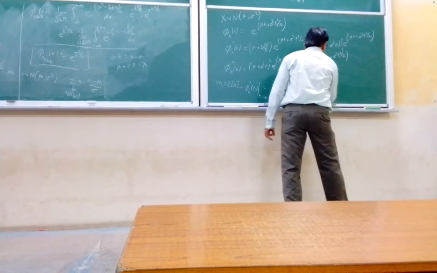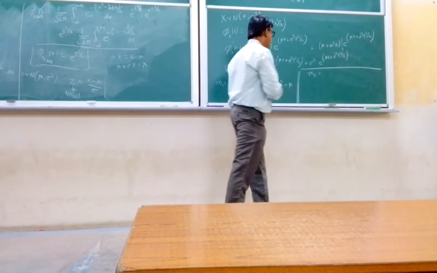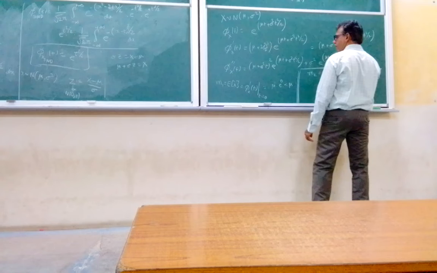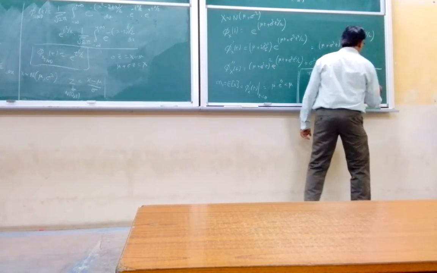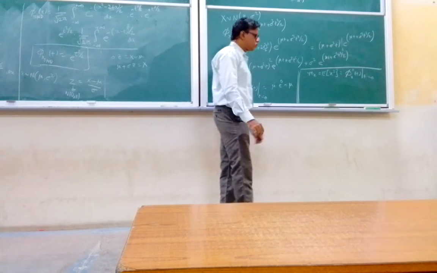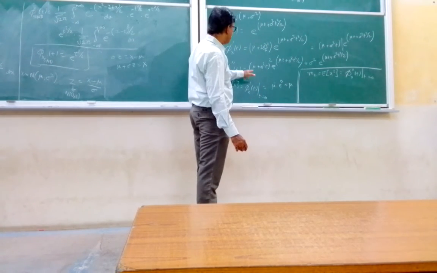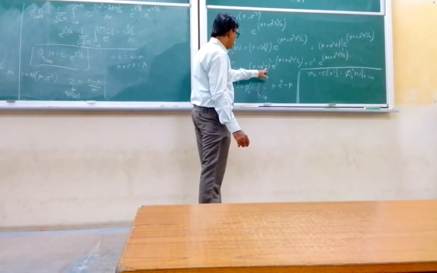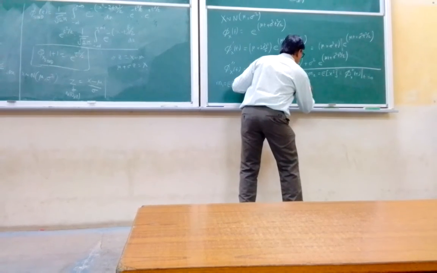We will look at m2. You have to substitute t equal to 0 in the second derivative. If you substitute t equal to 0 here, this goes away, this mu is there, mu squared will be there.